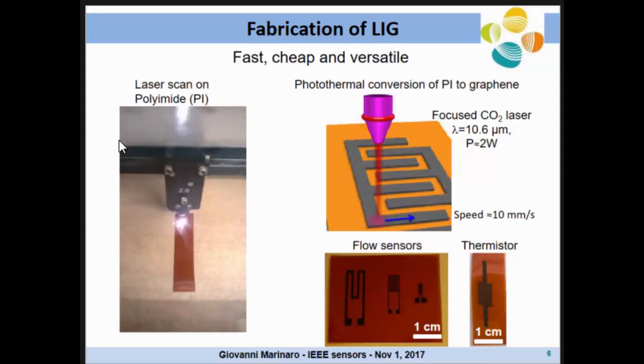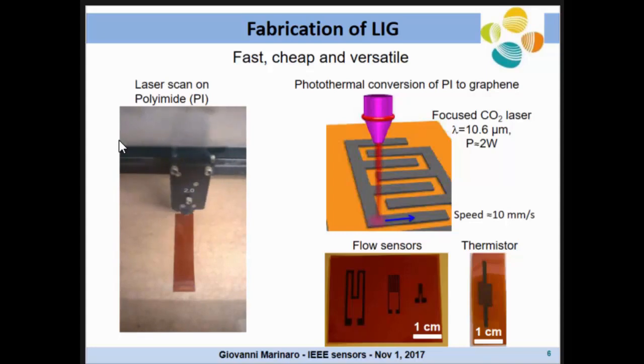This is the speed I used and the main fabrication parameters. These are the two examples. This pattern and that one are made like a meander. We will bend this sensor in one case, and then we will measure the resistance as a thermistor.